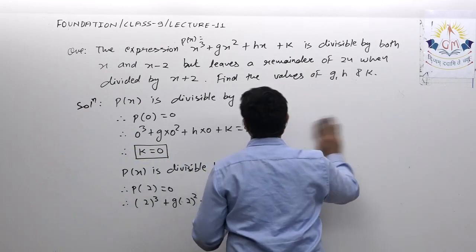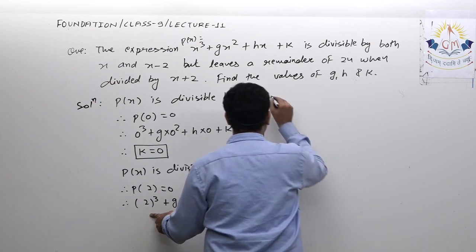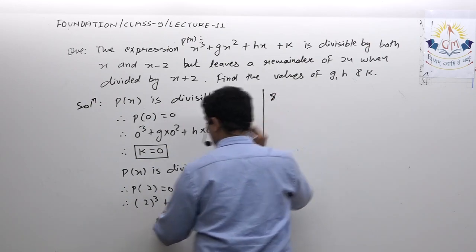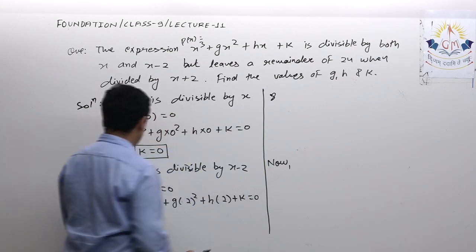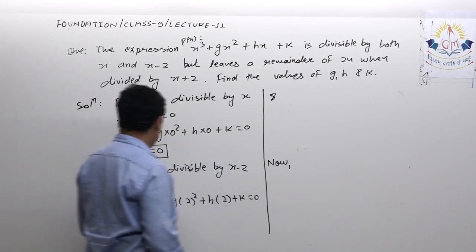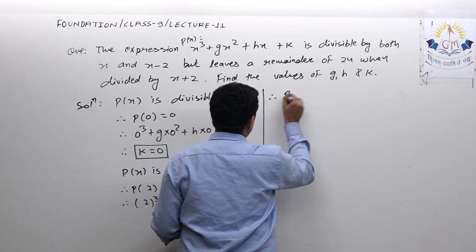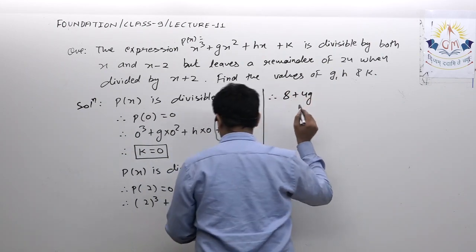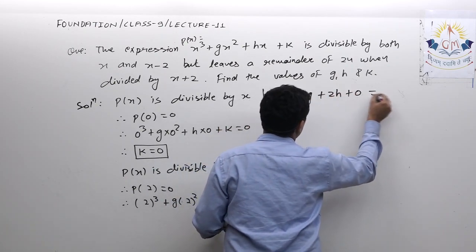It is divisible by x minus 2, so p of 2 will be 0, not p of minus 2. So 8 plus 4g plus 2h plus 0 is equal to 0.